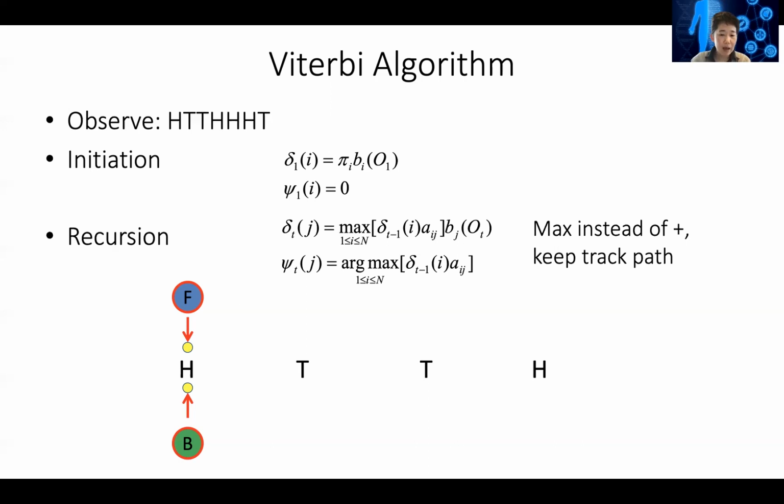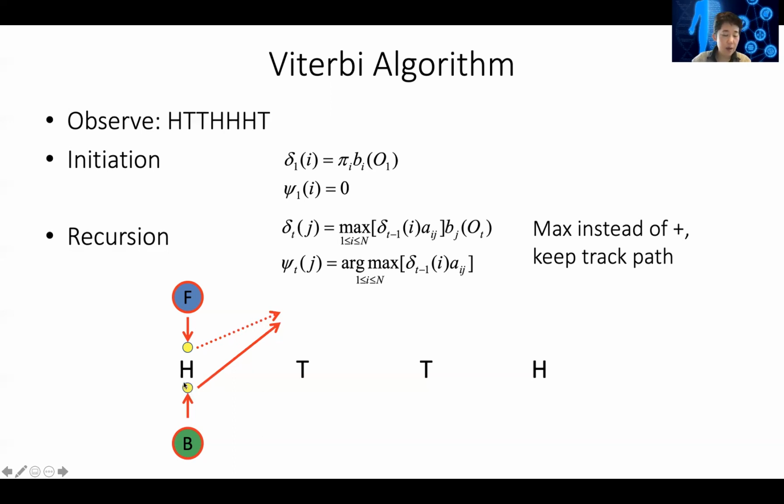So let's say we want to look at this delta number for the second coin being a fair coin. We say, if this is a fair coin, there's one possibility that the previous coin was already a fair coin, and we inherit this delta number and then transition from the fair coin to a fair coin.